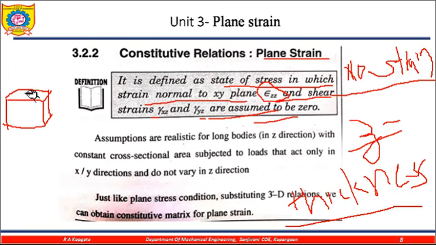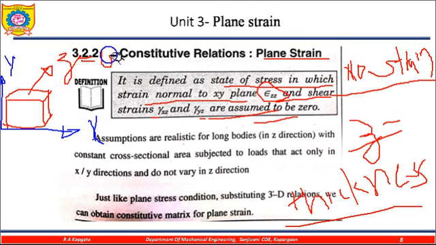Now there is no strain developed along this axis. This is my z axis, this is my x axis and this is my y axis. So what it suggests is, when the strain developed along the z axis is equal to 0, that is called the plane strain condition.